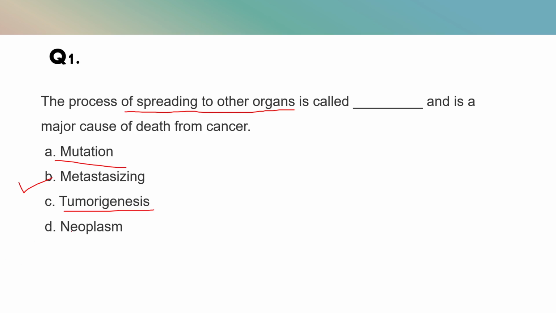Okay. Let's see neoplasm. So what is neoplasm? Neoplasm is, you can say, a synonym of cancer. Okay. Generation of uncontrolled cell growth or tumor or cancer is called neoplasm. Fine.